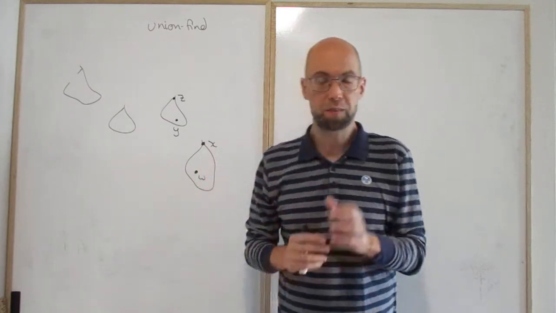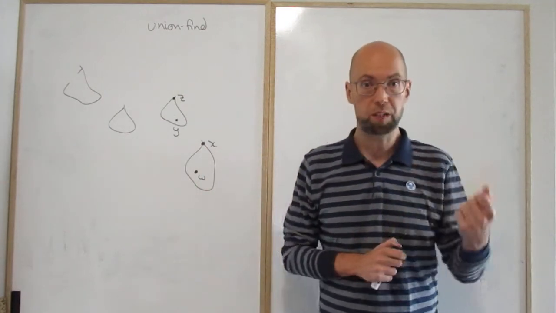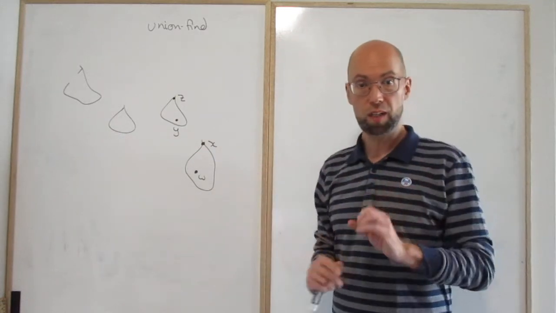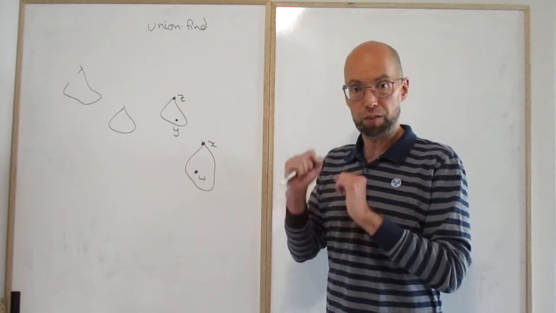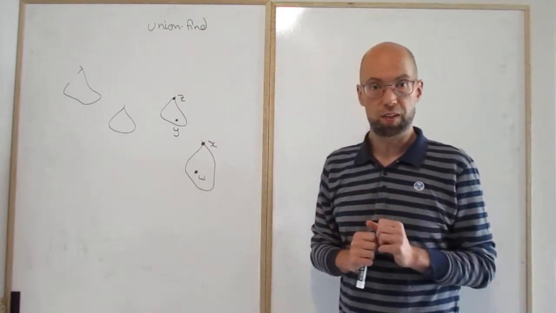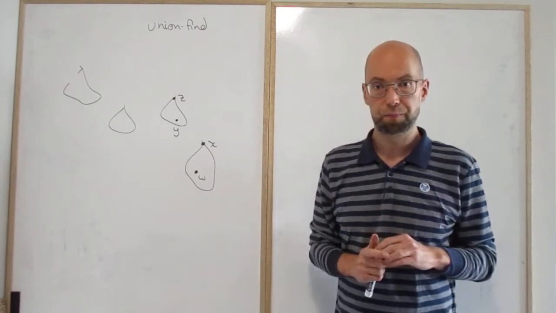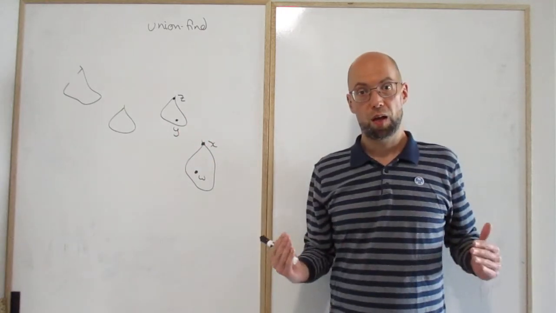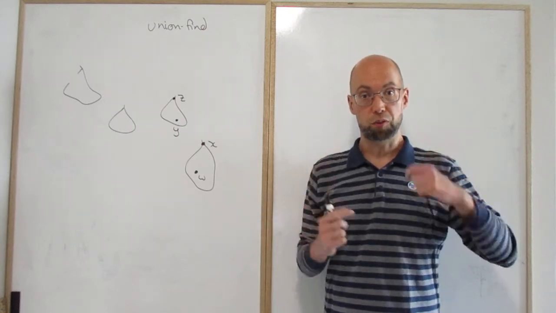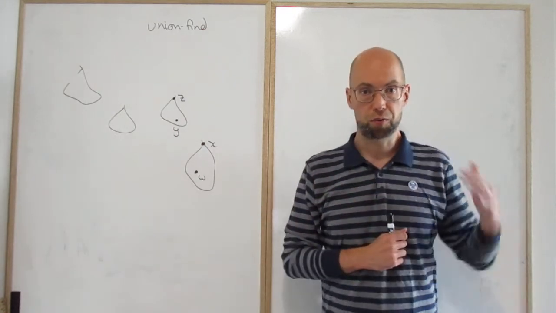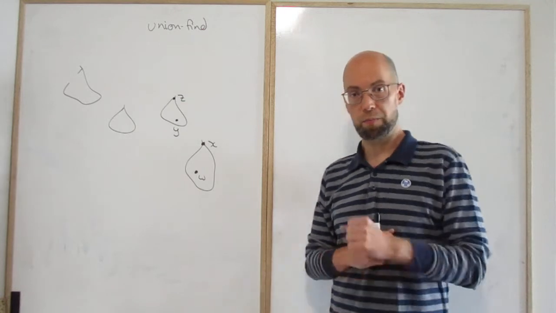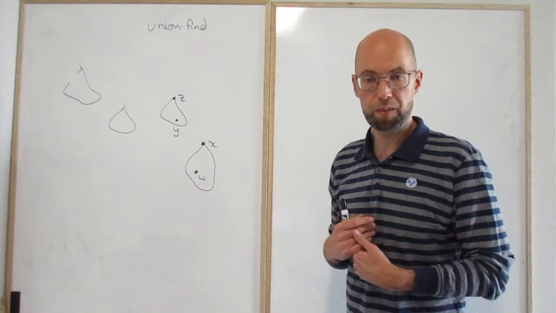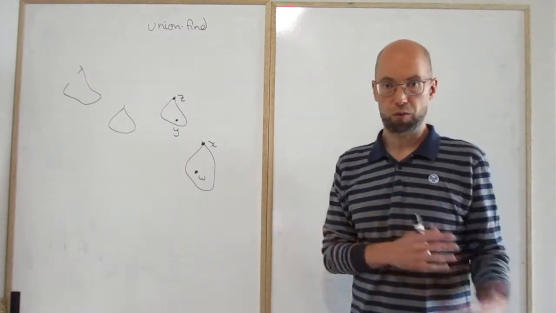The find means I give you some vertex and you tell me its representative. So when I start Kruskal's algorithm, everything is its own tree. So every tree has one vertex, so everything is its own representative. Okay, so now in these trees, the pointers go up. So children point to their parents, and parents don't know about their children. The parents just point to their parents, or if they're the root, they point to themselves. Children point to parents, parents don't point to children.